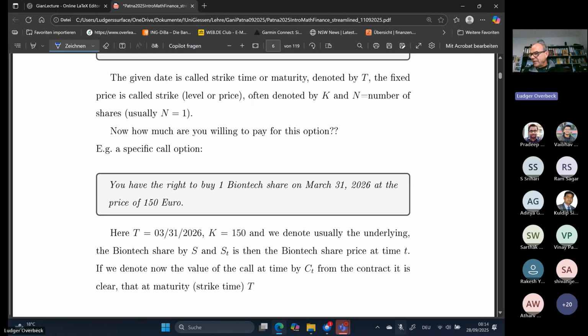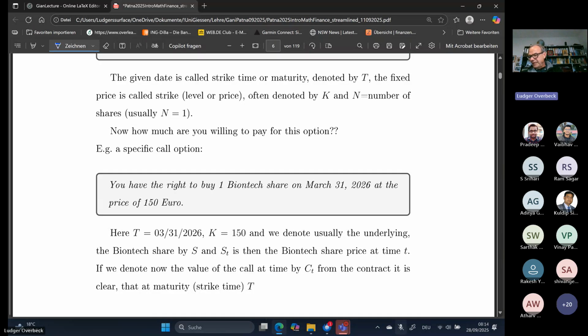Let's say you can buy the contract. The call option contract gives you the right to buy one BioNTech share in March next year at the price of 150. Let's say nowadays it's 160 or it's 140 or whatever it is today. It doesn't matter for the contract.